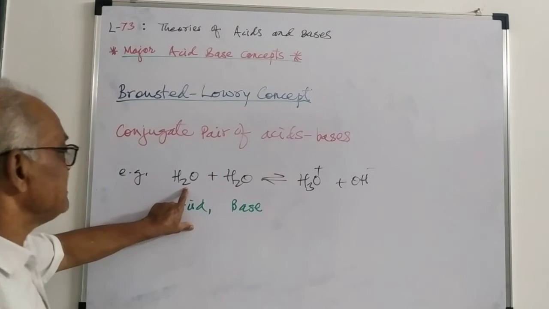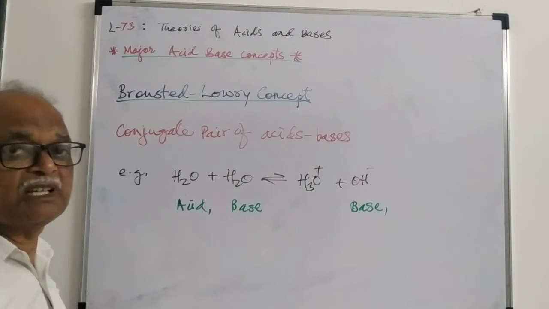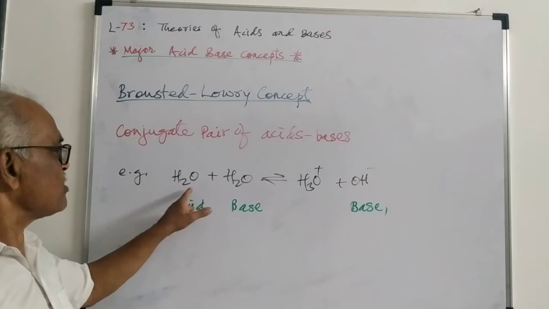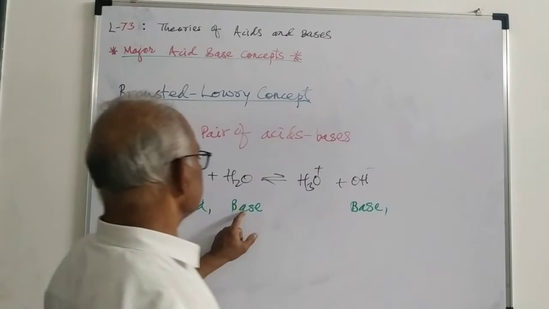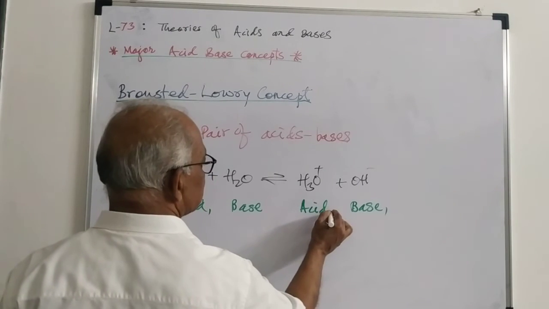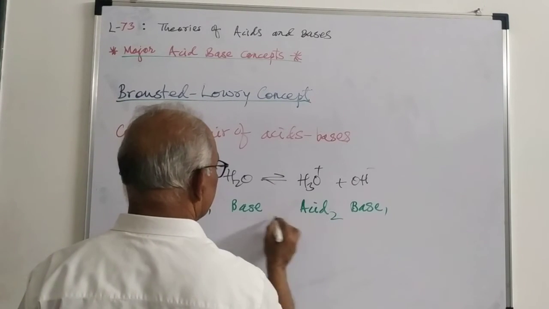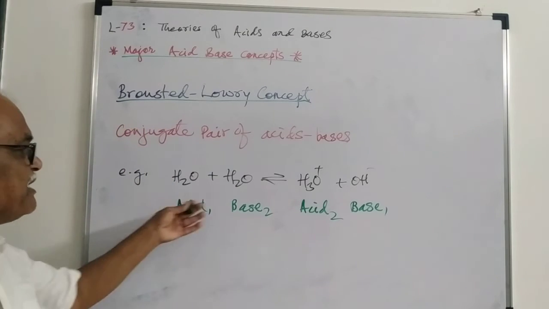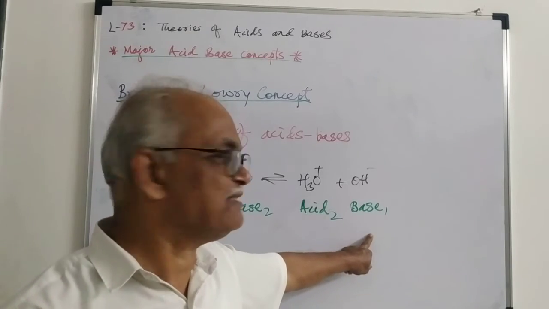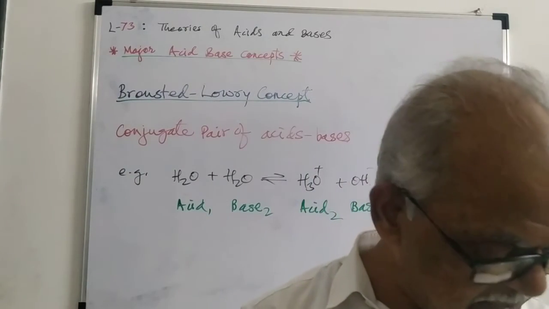So if we label this as acid 1, this is base 1. Then the other H2O is a base because it accepts a proton from this water, and it is converted into H3O plus, which is acid 2, and this is base 2. In this way we get conjugate pairs. Acid 1, base 1 is one conjugate pair of acid and base. Similarly, base 2, acid 2 is another pair.